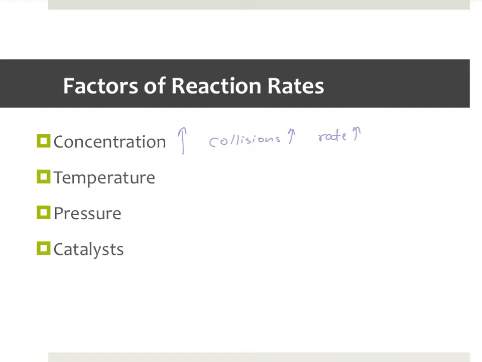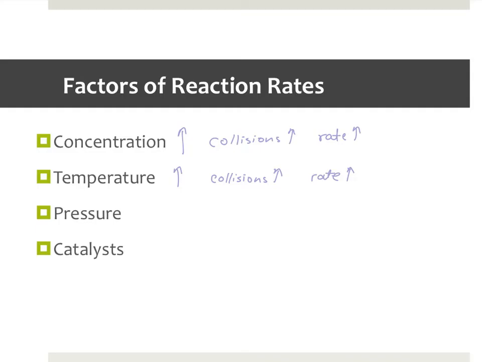Temperature. Now temperature is a measure of kinetic energy. If you have high temperature, it's really hot. So that leads to a lot of movement, and the particles are going to be moving around a lot. And as you can imagine, there are going to be more collisions. The hotter it gets, the more movement, the more collisions. Therefore, the faster rate.